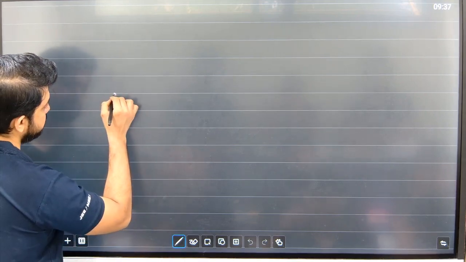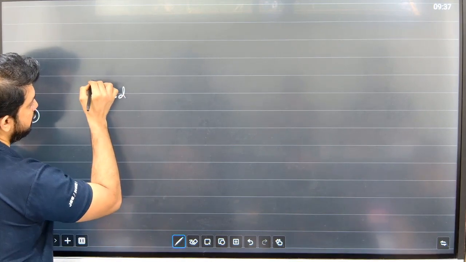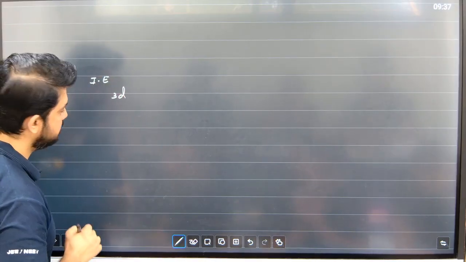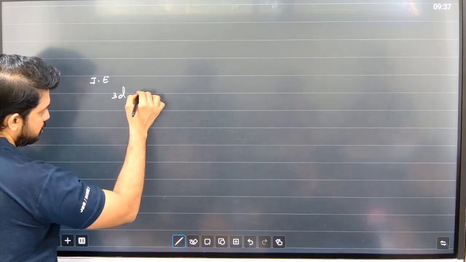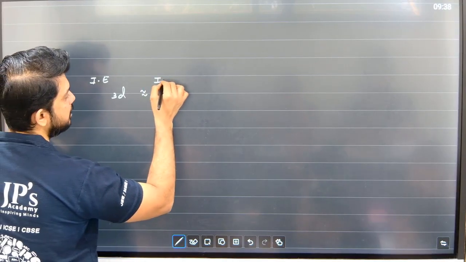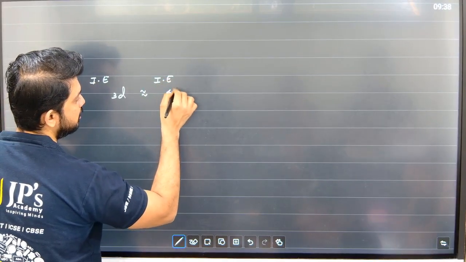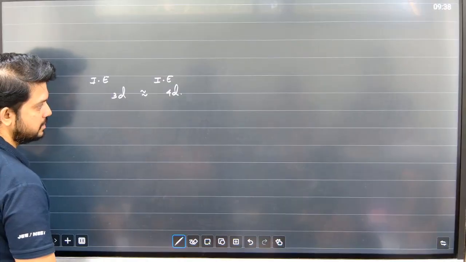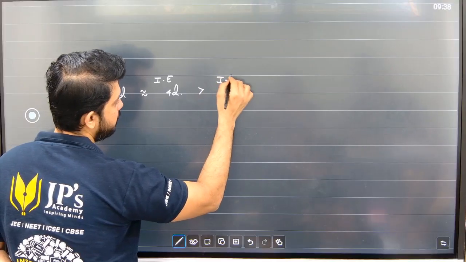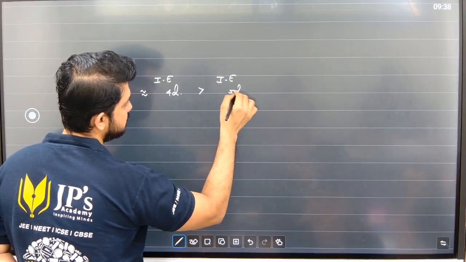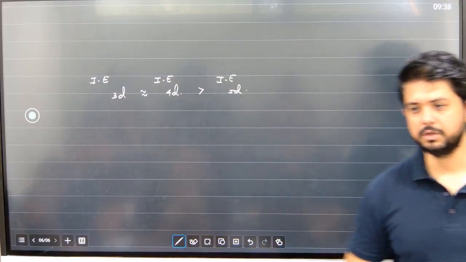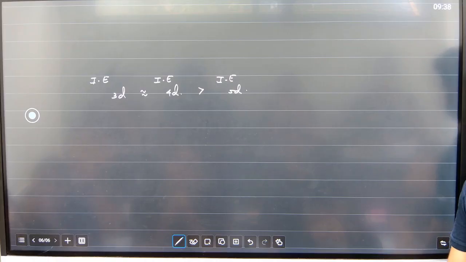Next. 3D series. The ionization enthalpy of elements in the 3D series is almost the same as the ionization enthalpy of the 4D series, and here the 4D ionization enthalpy is greater than the elements of the 5D series.